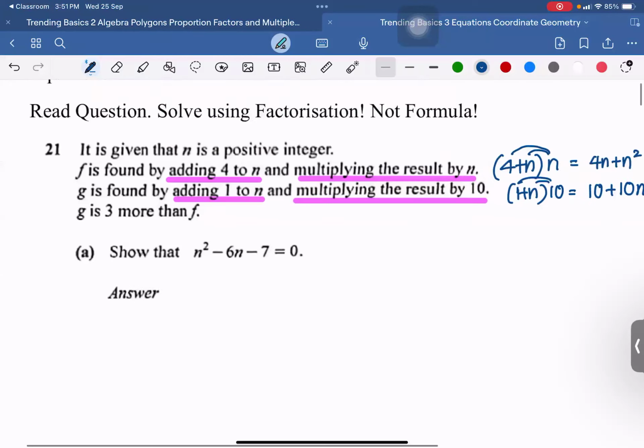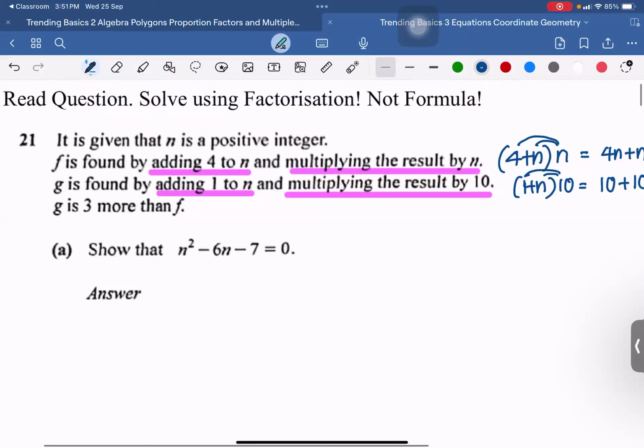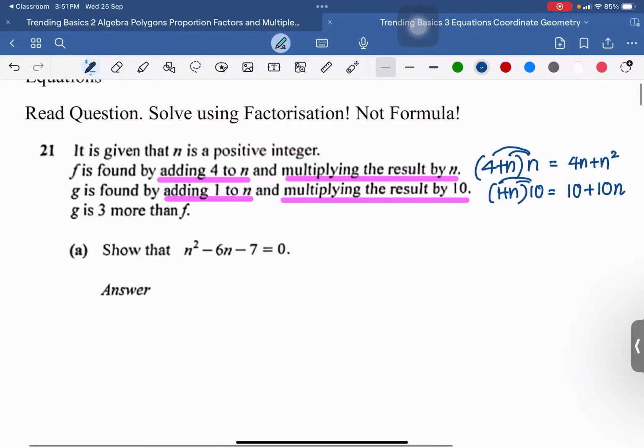Next one, they say G is 3 more than F. There are a few ways to do this question. Some of you do subtraction, some of you do addition. For the weaker students, I will advise you to do addition so that you don't need to handle the negative sign.